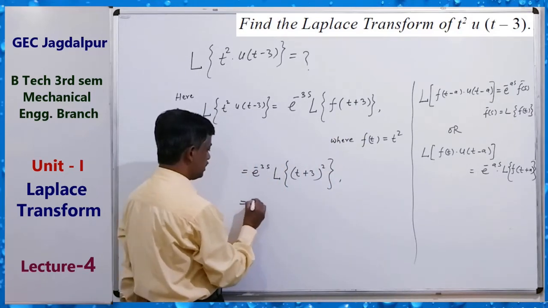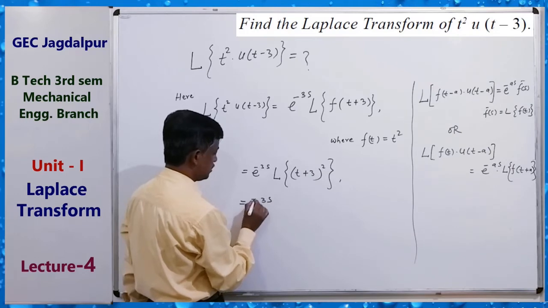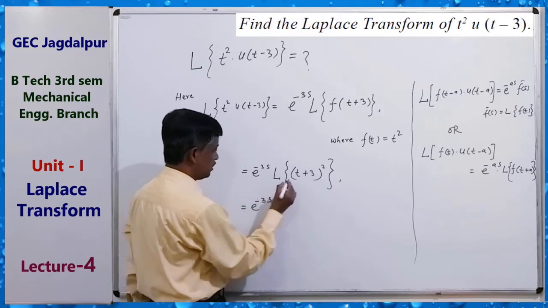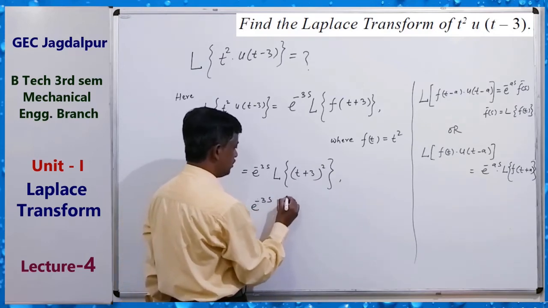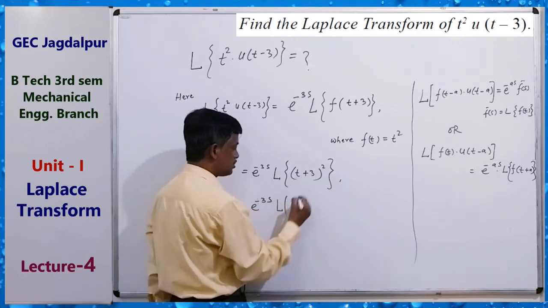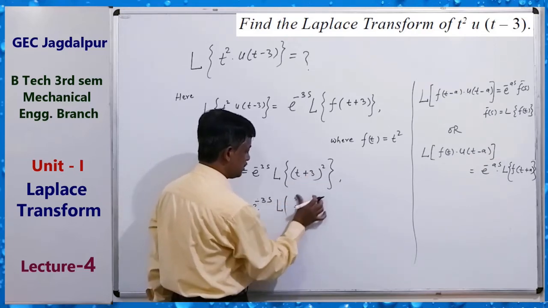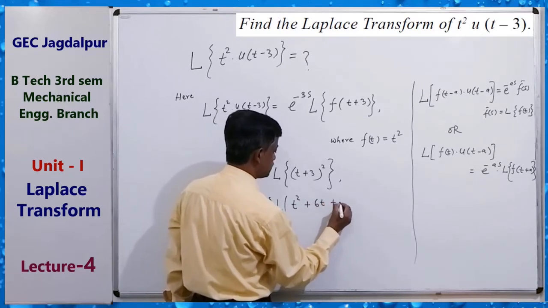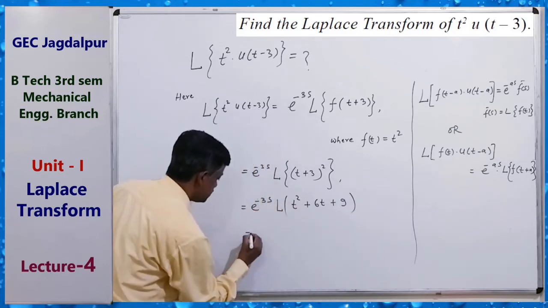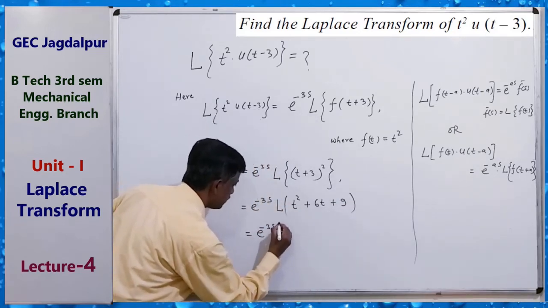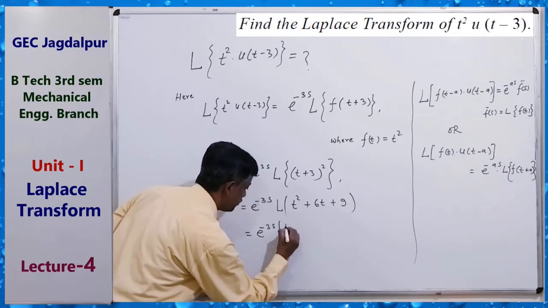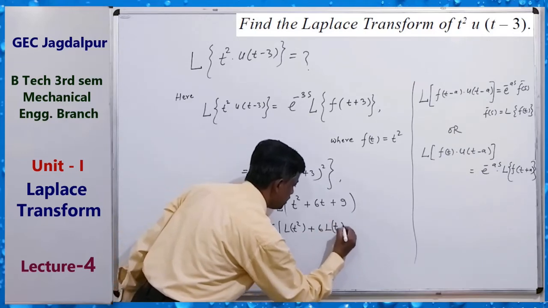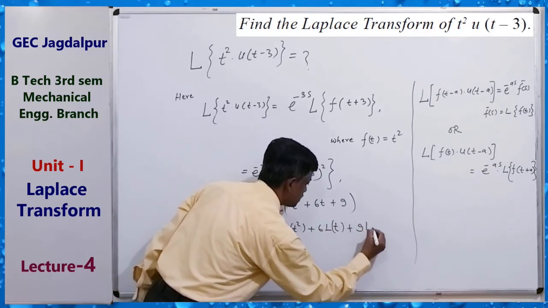So this is equal to e to the power minus 3s, Laplace transform of (t plus 3) whole square, using (a plus b) whole square, t square plus 6t plus 9. So this is equal to e to the power minus 3s, Laplace transform of t square plus 6 Laplace transform of t plus 9 Laplace transform of 1.